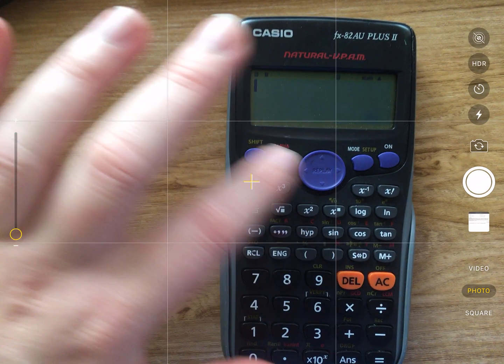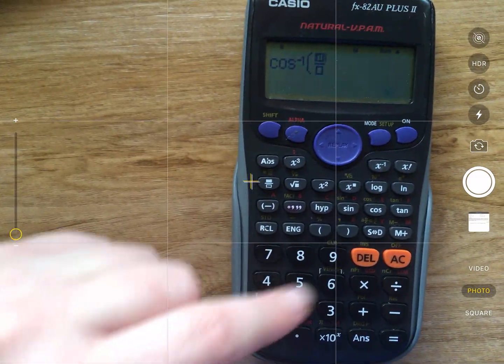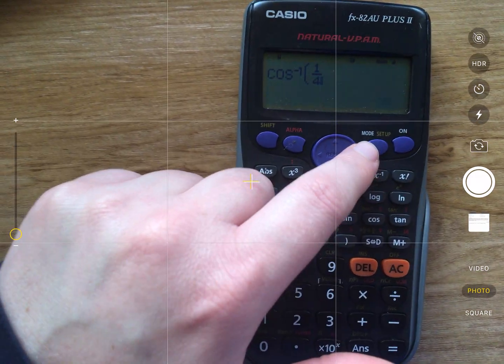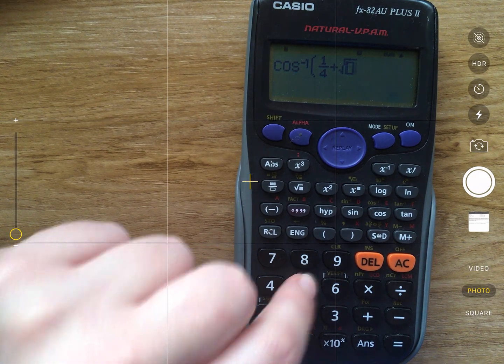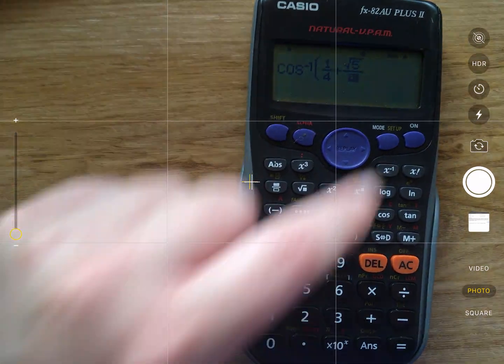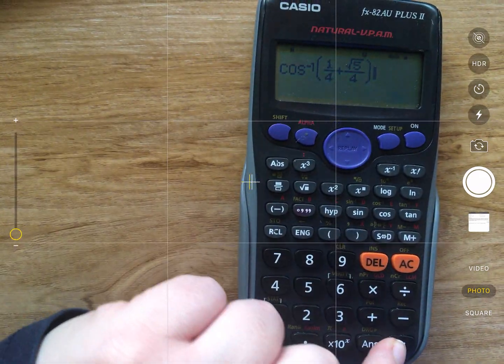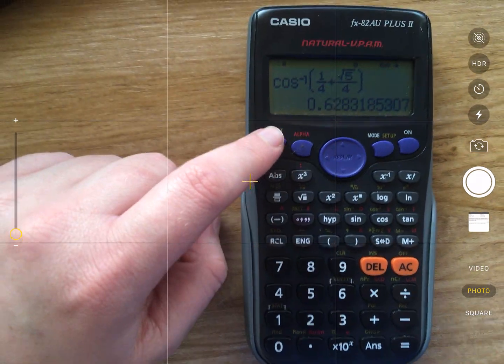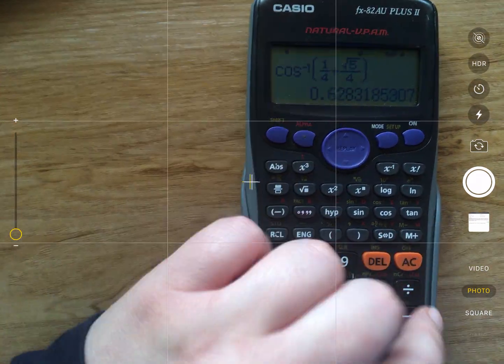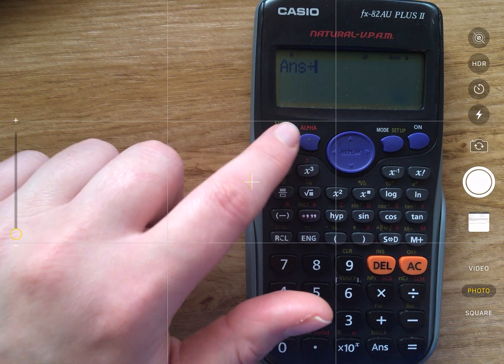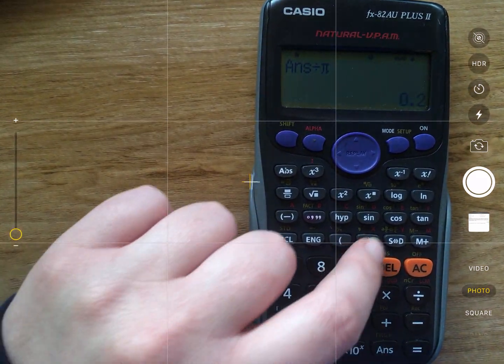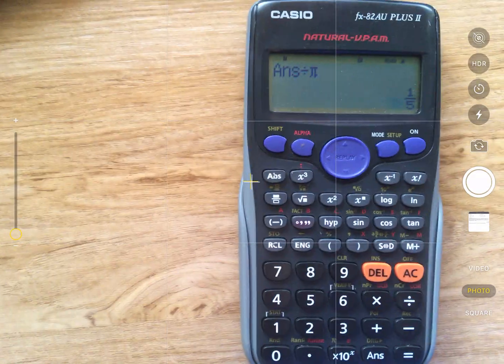So I'm going to do arc cos, we've got 1/4 plus root 5 on 4. Gives me something weird, yeah? But I know normally radians are expressed in terms of pi, so I'm going to divide by pi. And that gives me pi on 5.